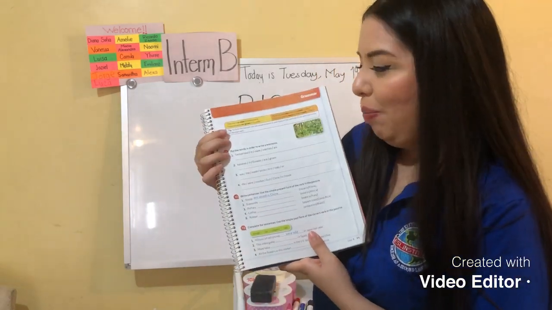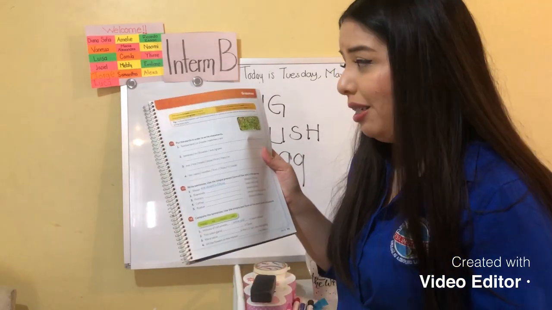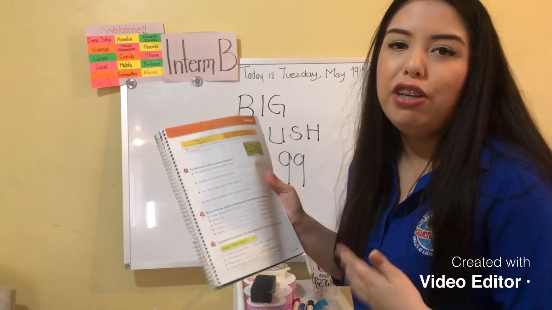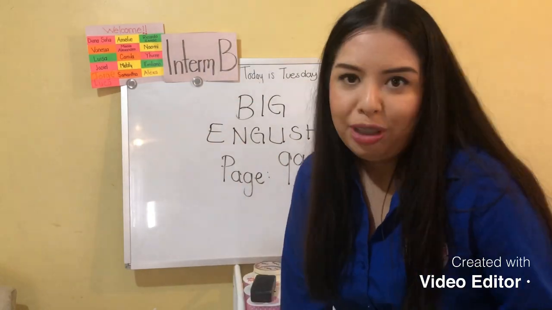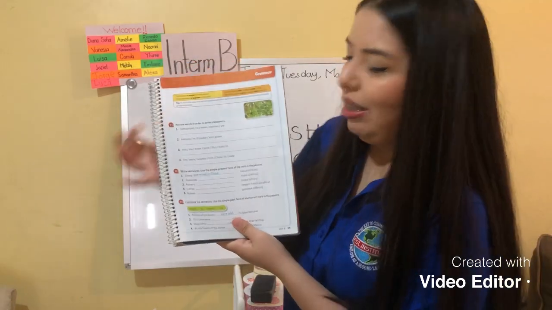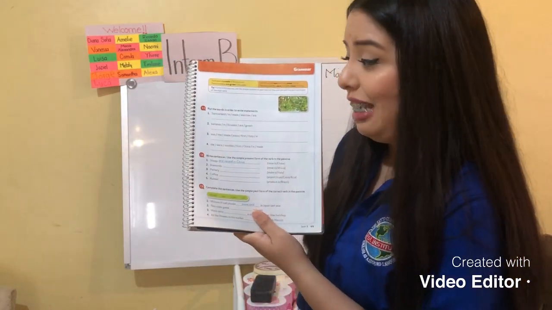So we're gonna read the tip. Tip: to form the passive, use the simple present or past form of the verb with the past participle of the main verb. It's just the formula that I told you about, so don't worry. So 11. Put the words in order to write statements.